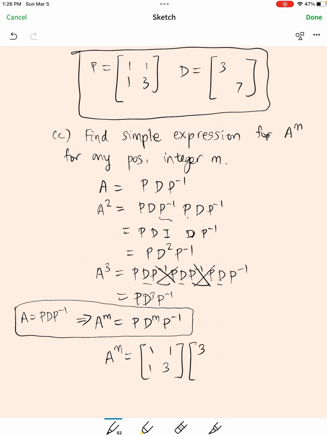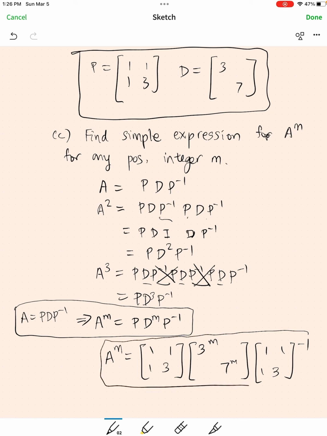So this is 3 to the m, that's 7 to the m, and then this is just the inverse, like this. So you can leave the answer like this without actually having to compute the inverse or multiply it all the way through. Okay.